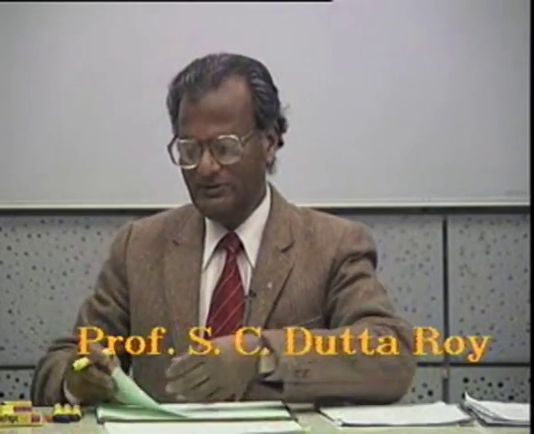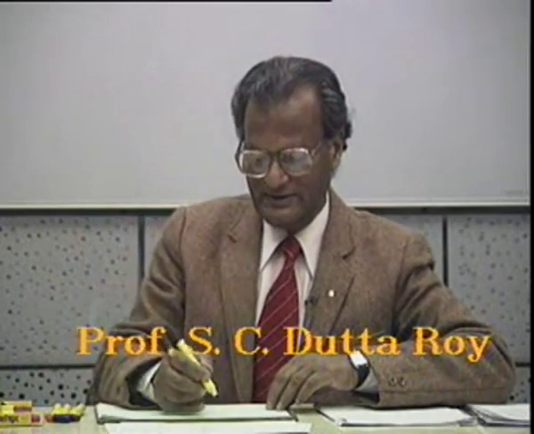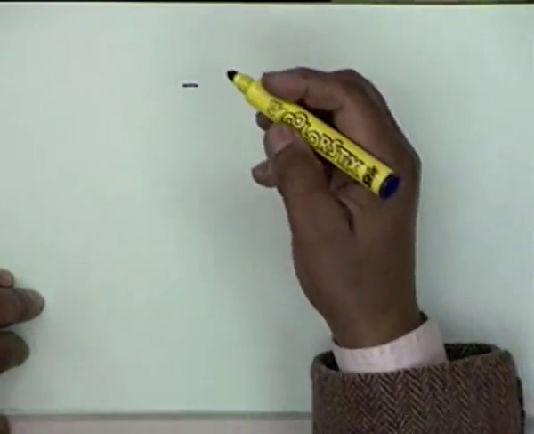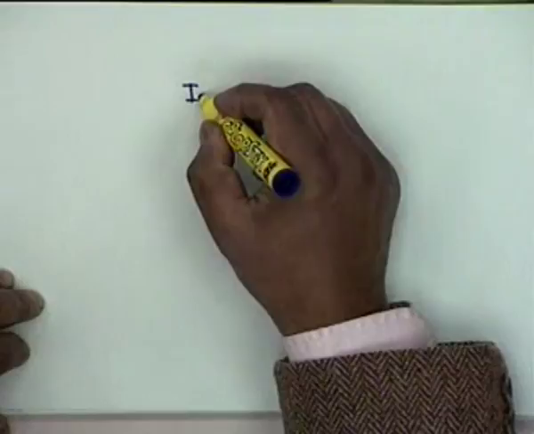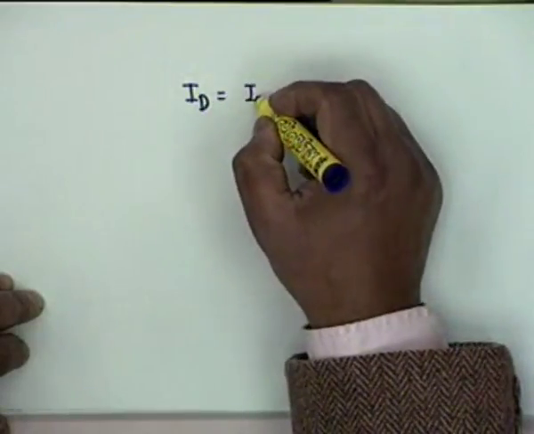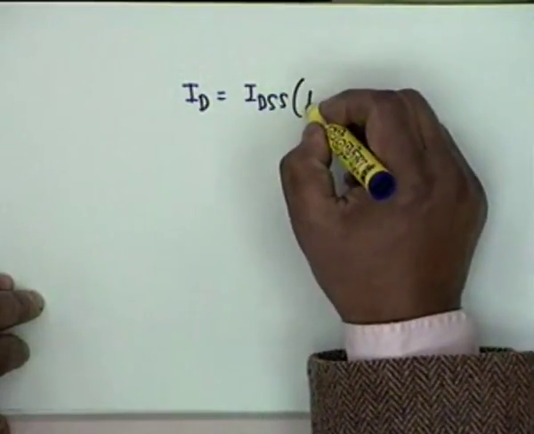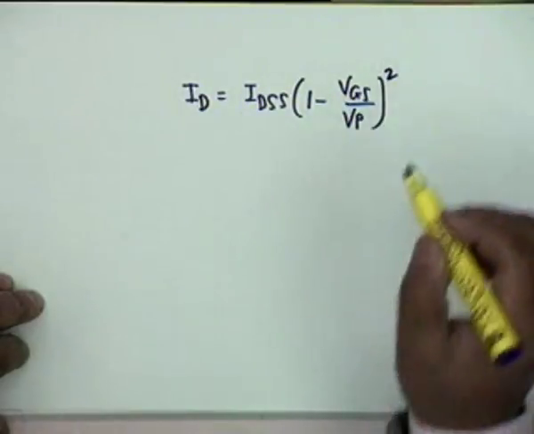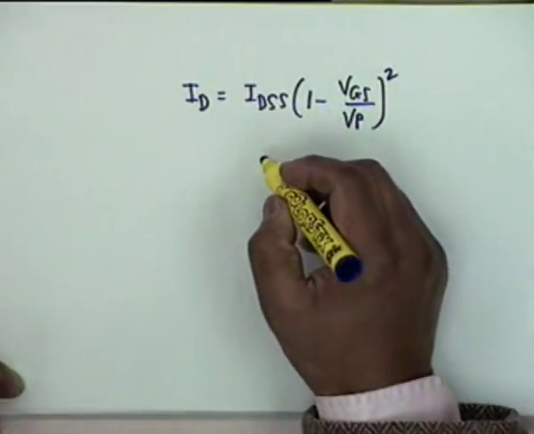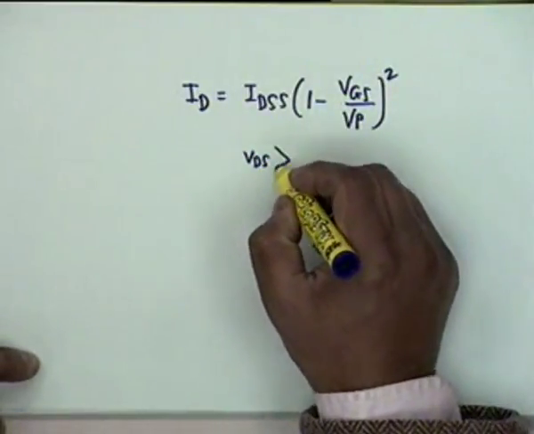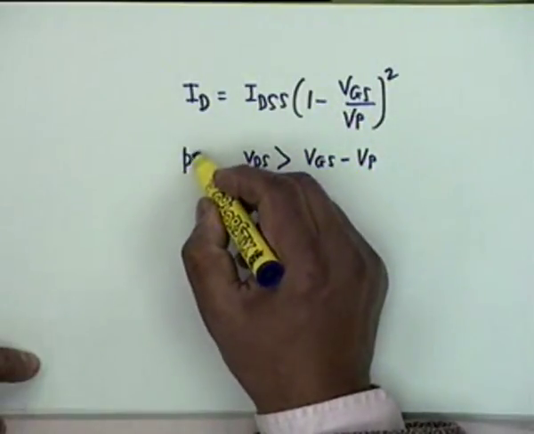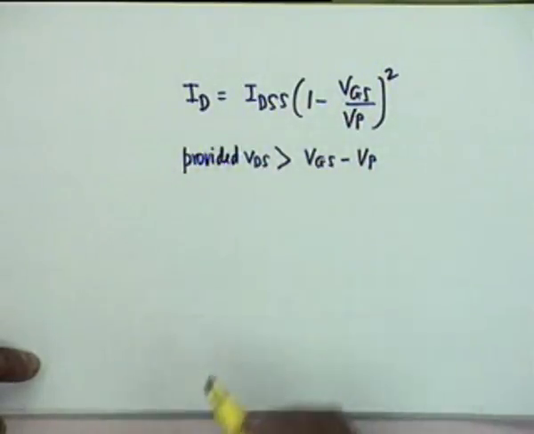Now the first thing we do is write down the characteristic. Since all quantities are DC, let us confine to DC: I sub D is equal to IDSS times 1 minus VGS divided by VP, whole squared, provided VDS is greater than VGS minus VP, provided this is true.